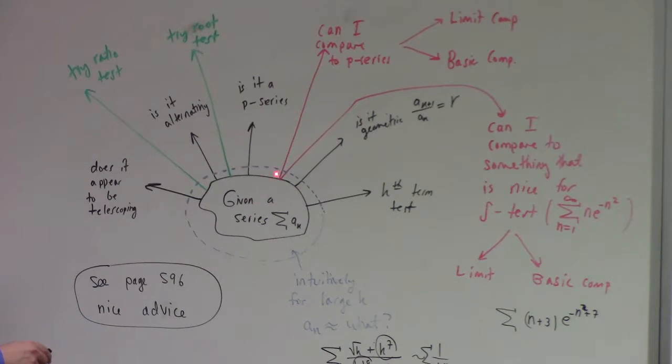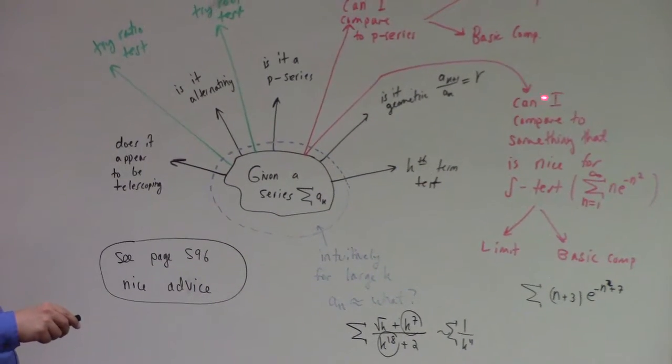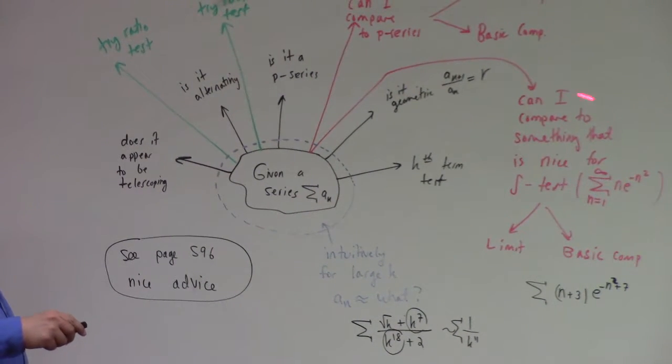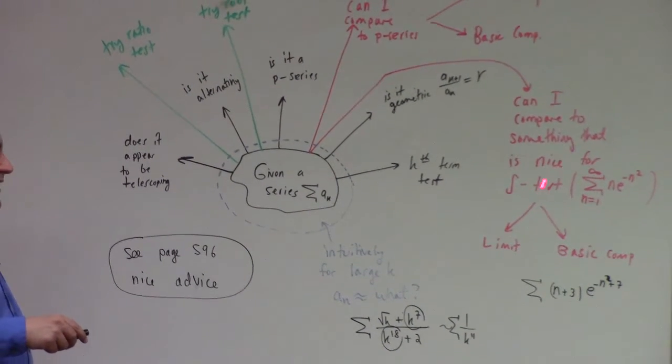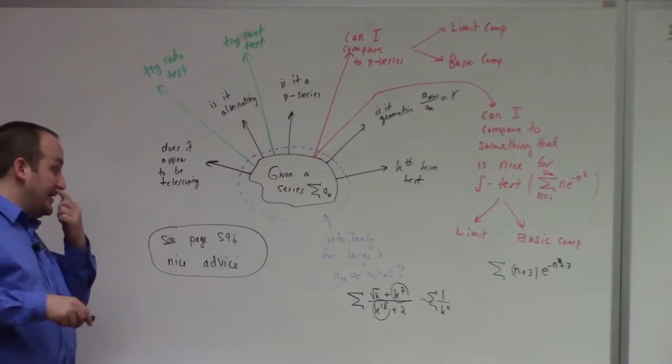The other kind of comparison that can happen is a little bit more of a weird example. I maybe put one of these on a test. In a given year, there's a chance I wouldn't test on this, but some years I might. That's comparison to something that has a nice integral test, something like the sum from n equals 1 to infinity of e to the minus n squared.